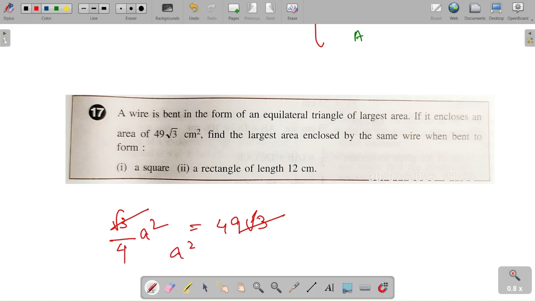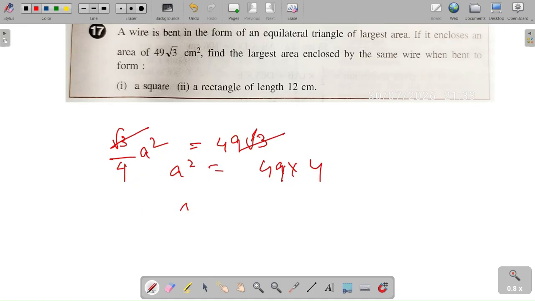So a square is equal to 49 into 4. Then what is the value of a? A is 7 into 2, that is 14, because 49 is 7 square, 4 is 2 square.